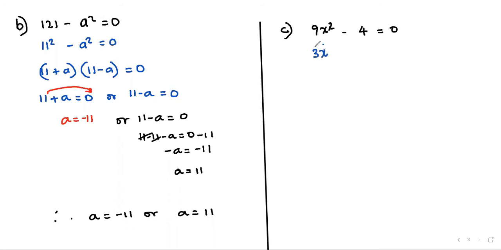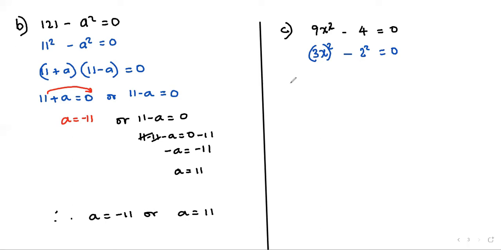So we say that this is 3x squared. Then minus, how can I write 4? 2 squared. Very good. 2 squared, that is equal to 0.